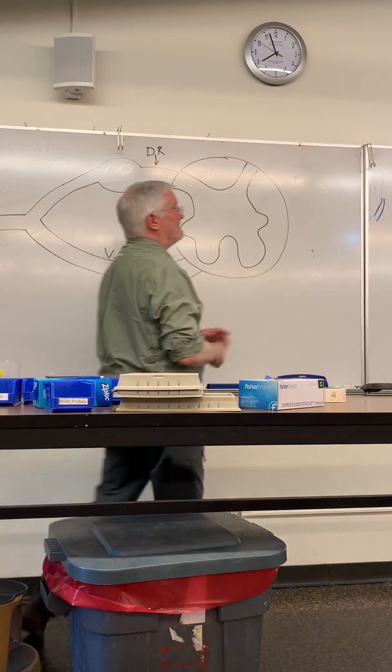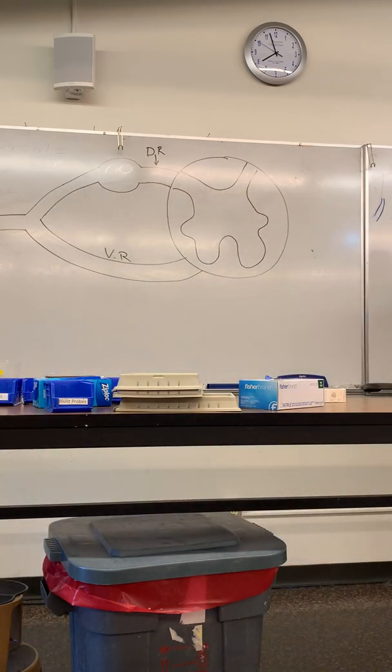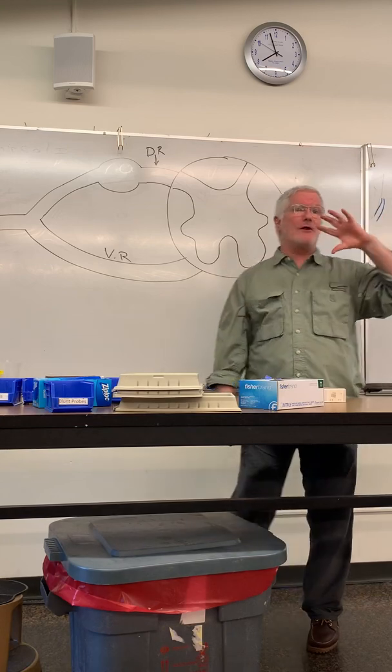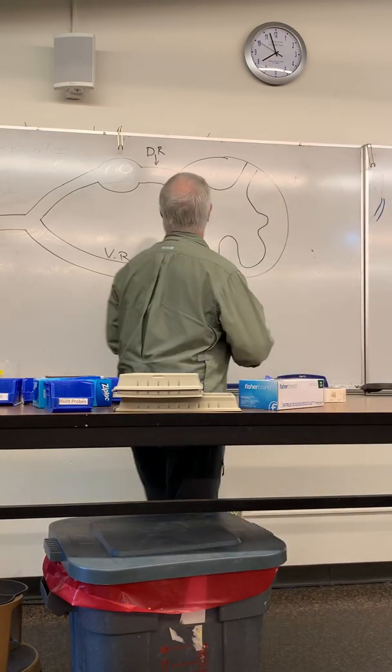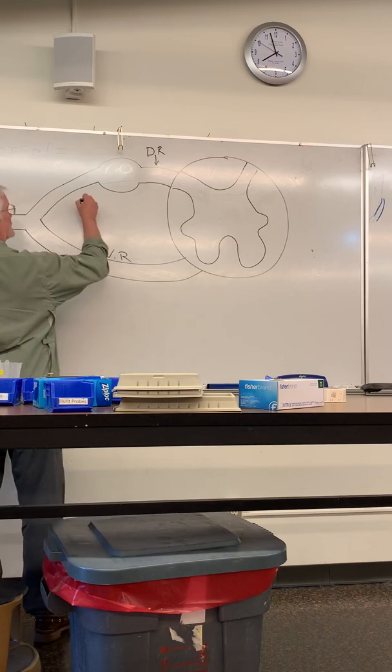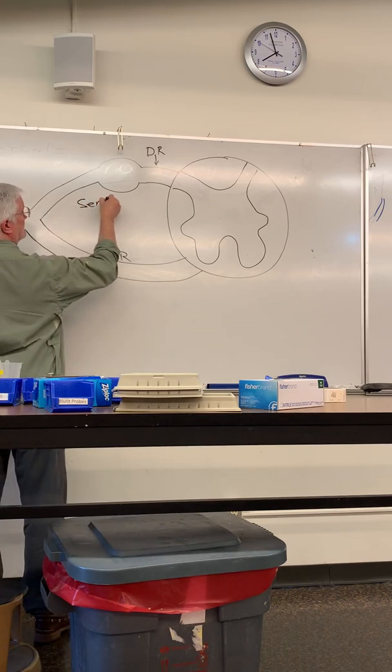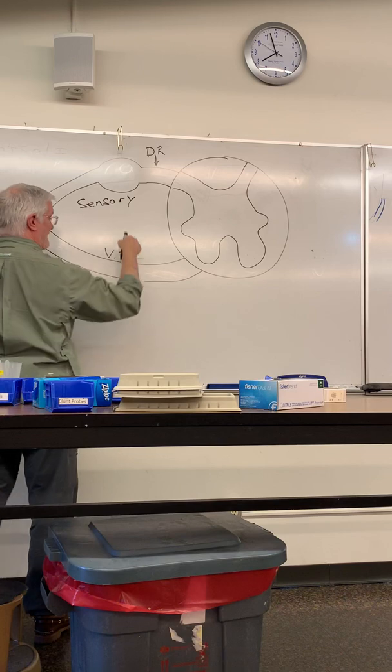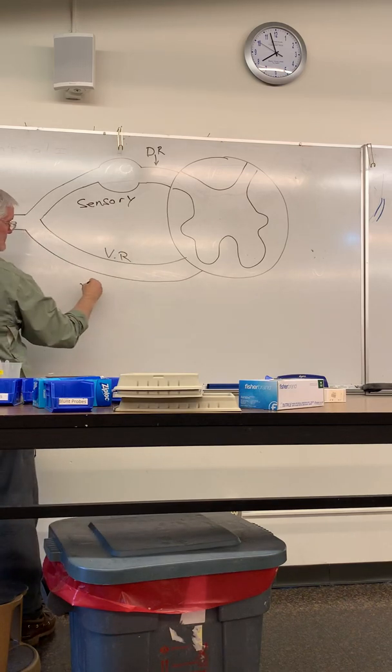But then we want to look at what we have. That's ganglion. And that tells me the collection of neuron somas in that structure. And I know that the dorsal root is associated with sensory signals. So we're going to have sensory on this side. We're going to have motor down here.